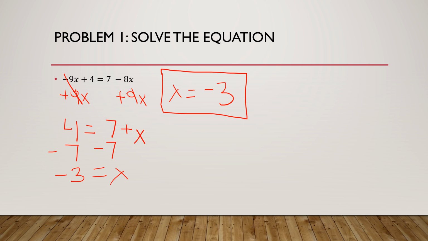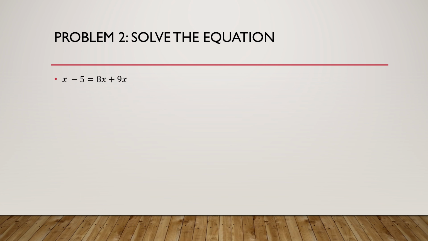Alright, so moving on to the next problem. The second problem, we have to solve the equation x minus 5 equals 8x plus 9x. Alright, so same as the previous problem, we need to get our coefficients on one side of the equal sign and our constants on the other side of the equal sign.